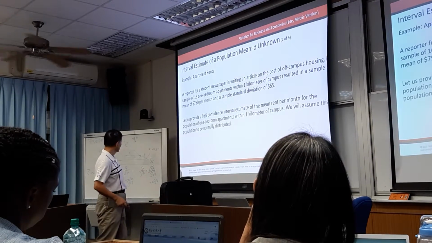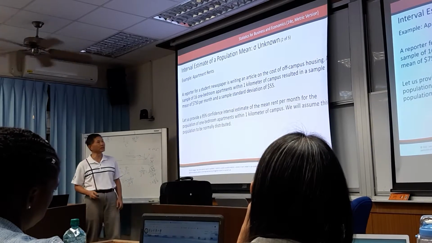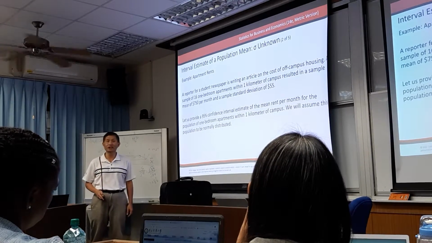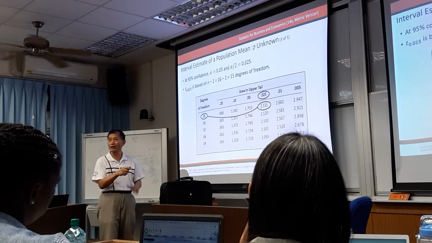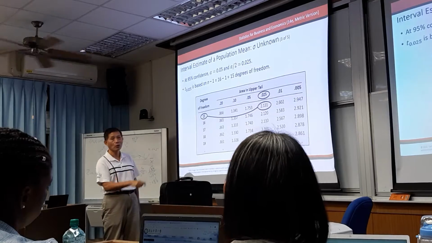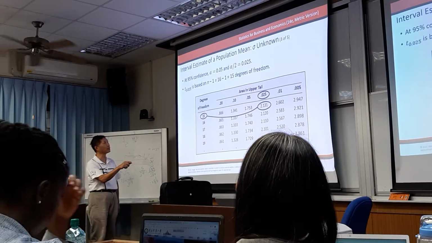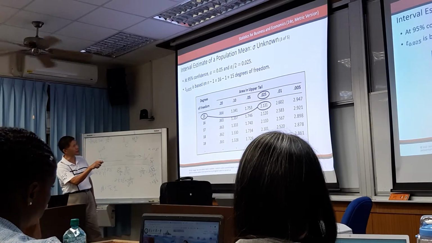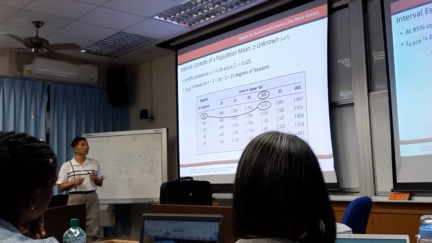For the Z distribution, 95% gives a Z value of 1.96. But for T, it's much wider than 1.96. It's 2.13. The degree of freedom is 15 because the sample size is 16, and the degree of freedom is n minus 1.